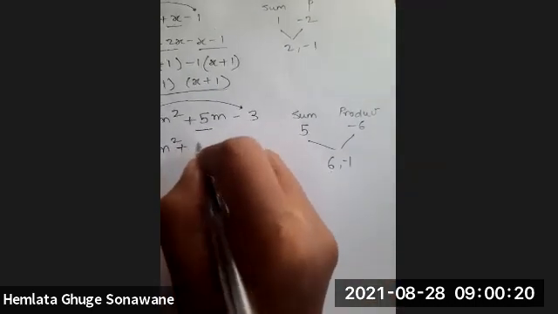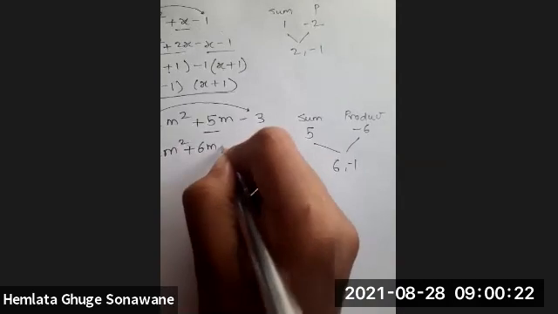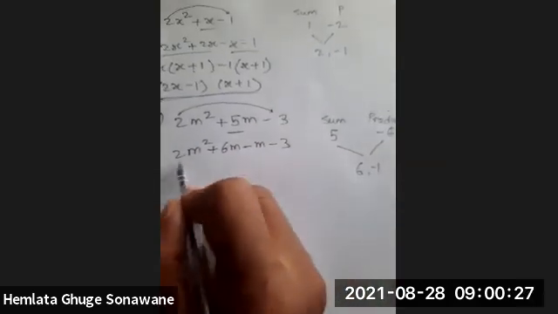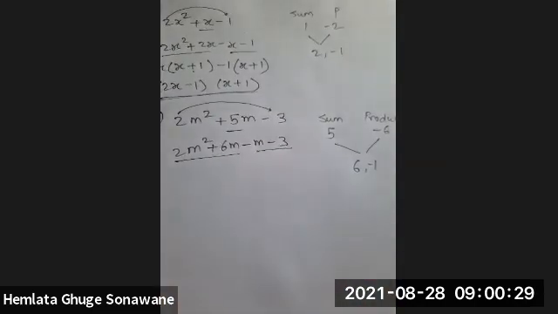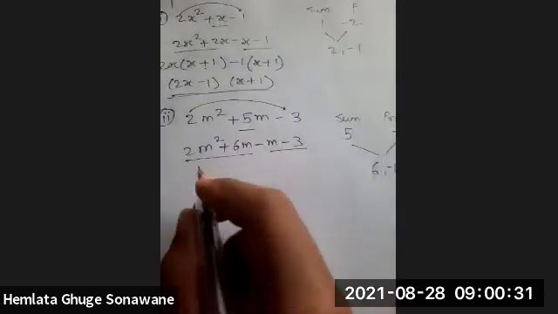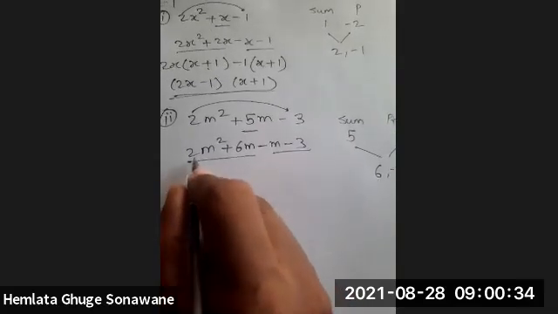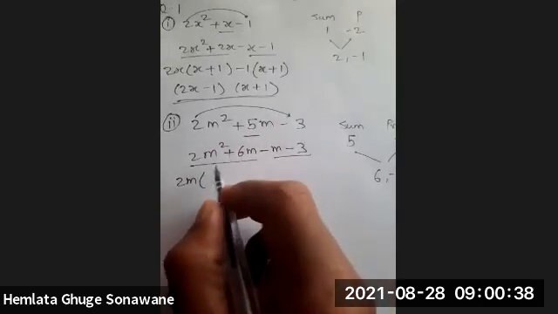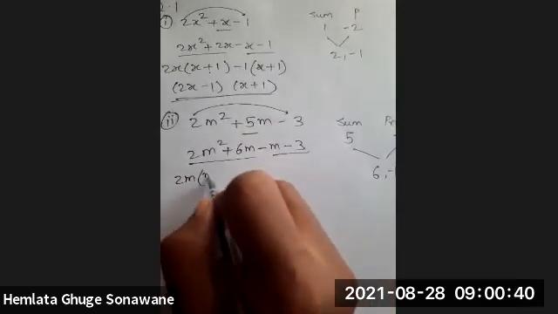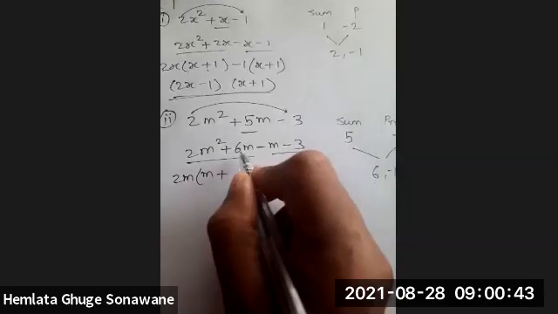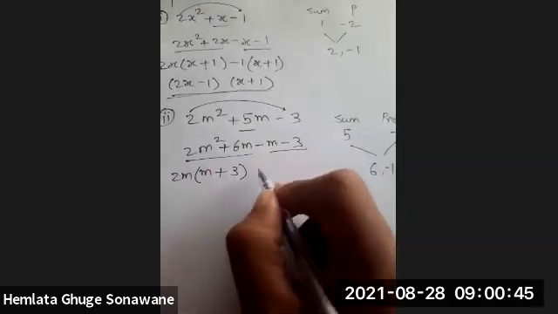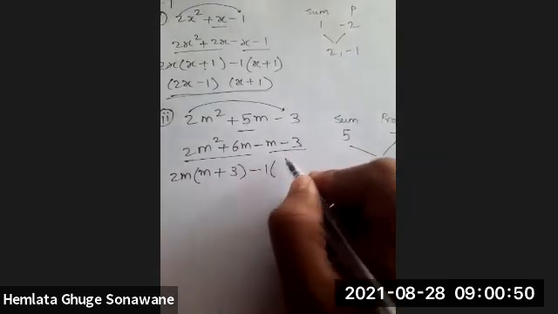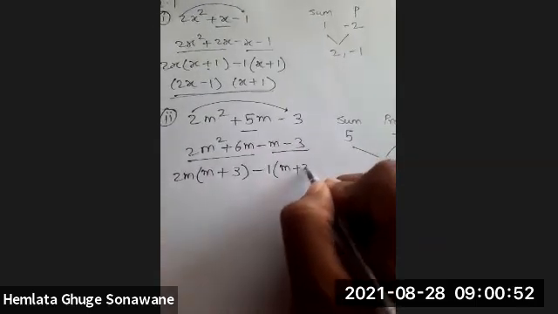We'll write here plus 6m minus m minus 3. Now we'll take common factors from these terms. Here we'll take 2m common. We'll write 2m into bracket m plus 3, then minus 1 will be written here, m plus 3.